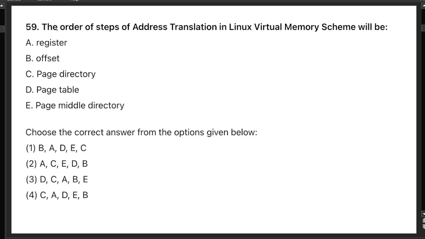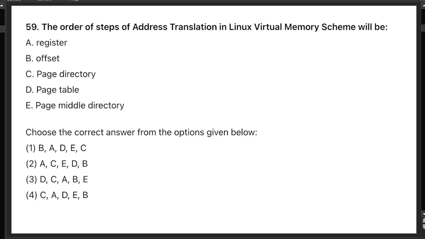Let's see this question. This is also one of the easiest questions. This question says that the order of steps of address translation in the Linux virtual memory scheme will be, and the following are the given options: register, offset, page directory, page table, page middle directory.